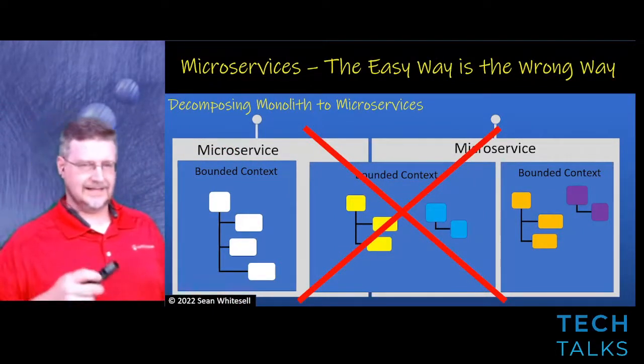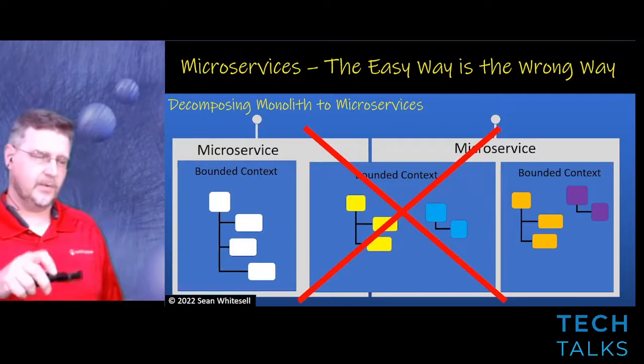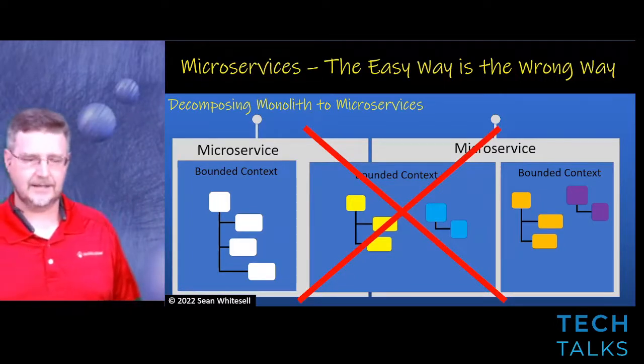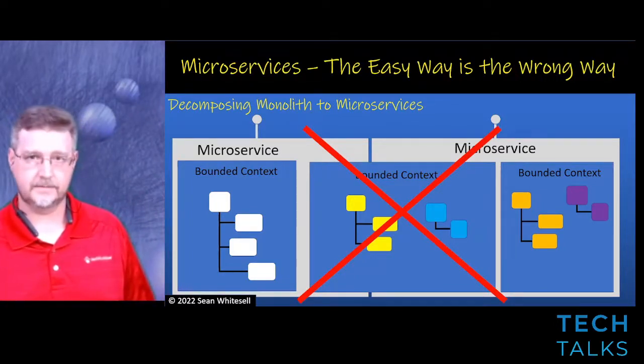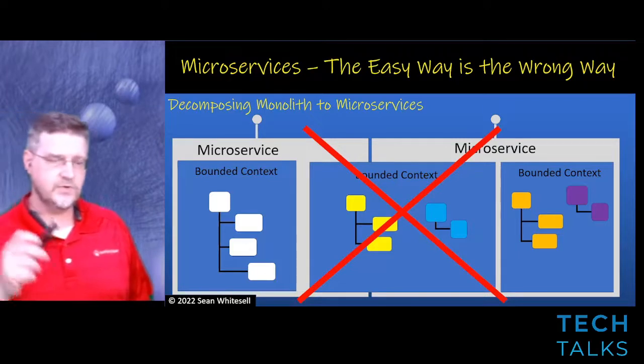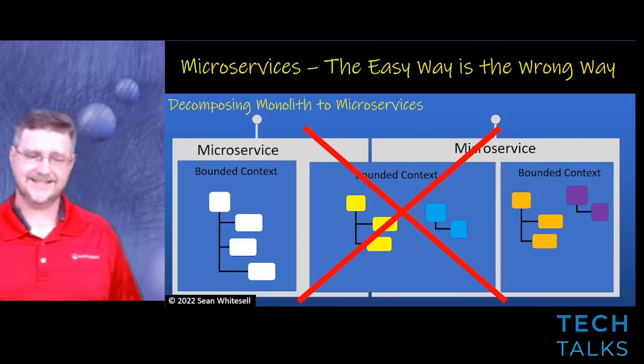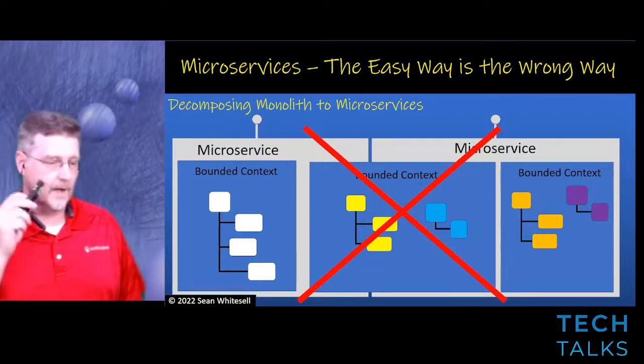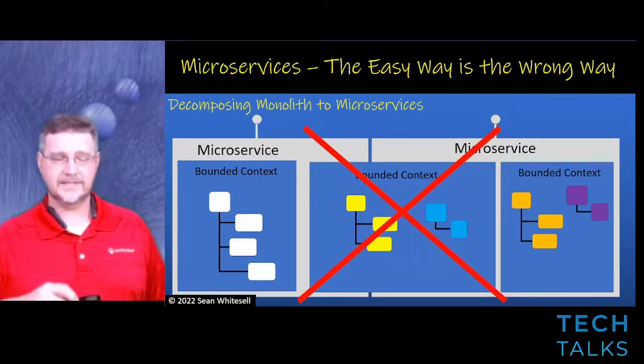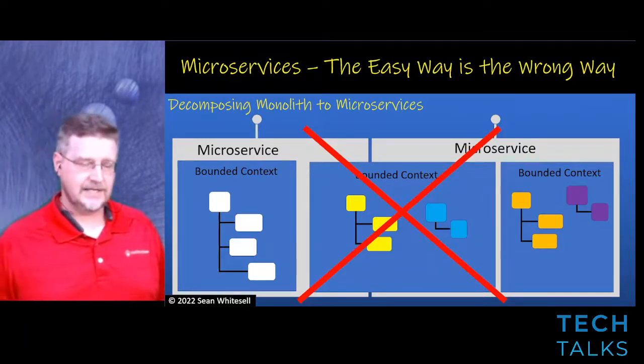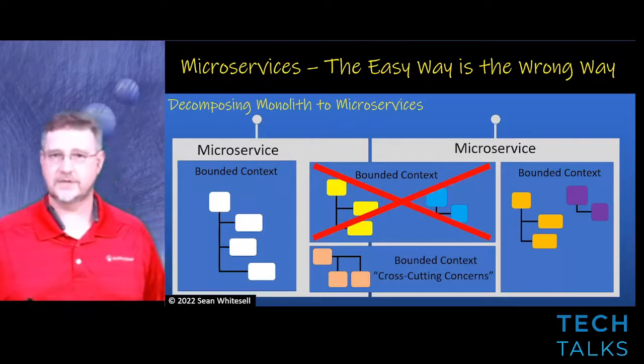Now, I say don't do this, but what I'm referring to is a bounded context with business logic in it. There is a time when you do want to have a bounded context that does span microservices, but there is no business logic in it. Instead, it's for the purpose of cross-cutting concerns.